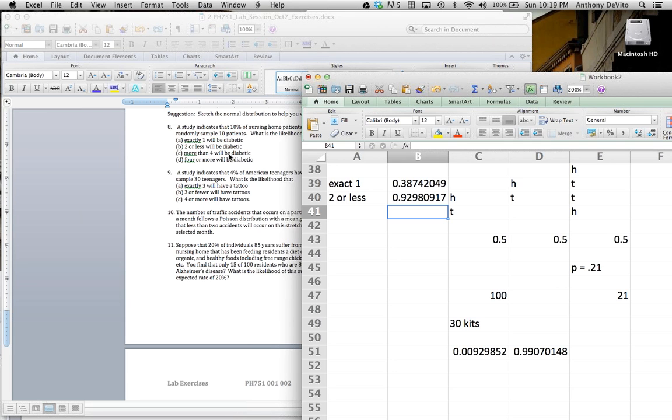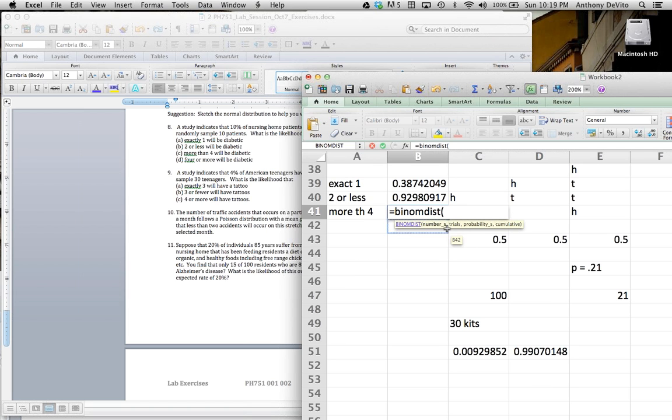Next, more than 4 will be diabetic. Well, what satisfies more than 4? More than 4 is 5, 6, 7, 8, 9, 10, right? It doesn't include 4. But I can't go that direction. I can only go down. So if I say equals BINOM.DIST, watch this trick, okay?